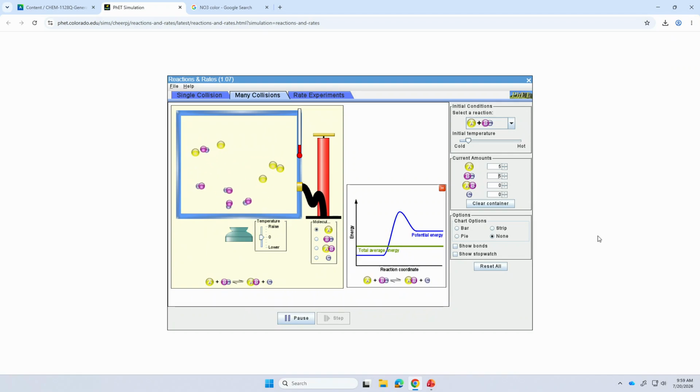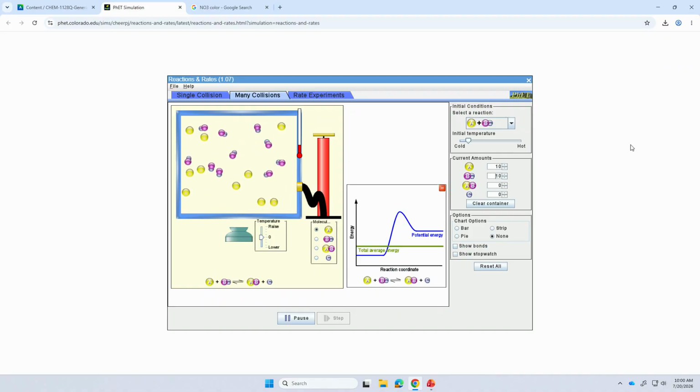They're not doing anything. Now, if I increase the number of molecules, I still see them just bouncing off of each other.